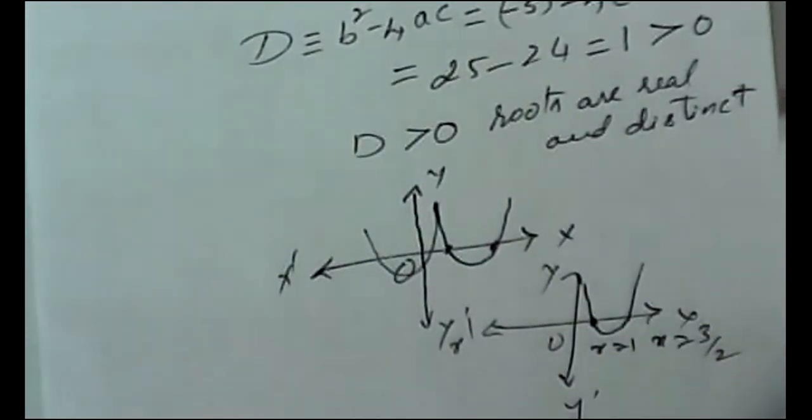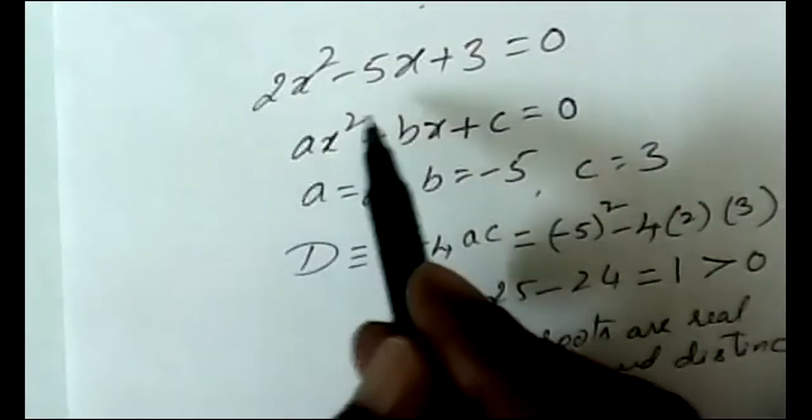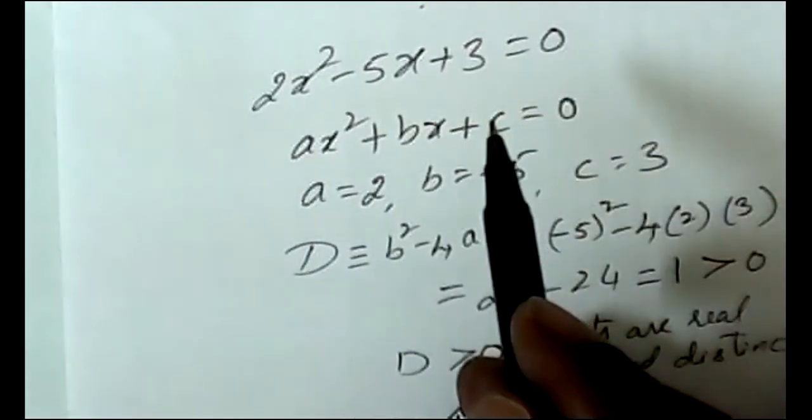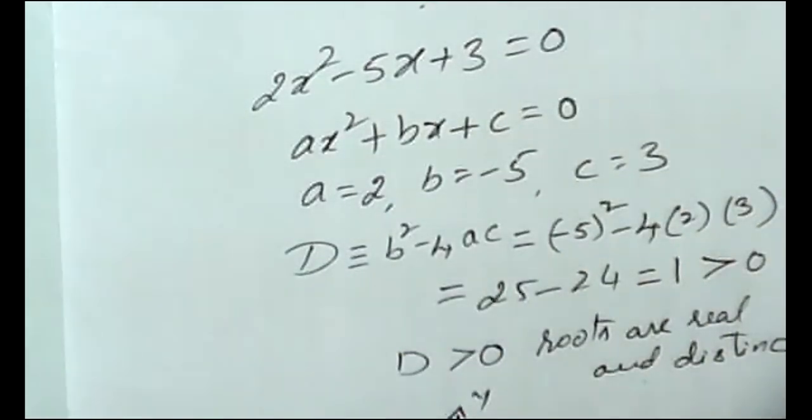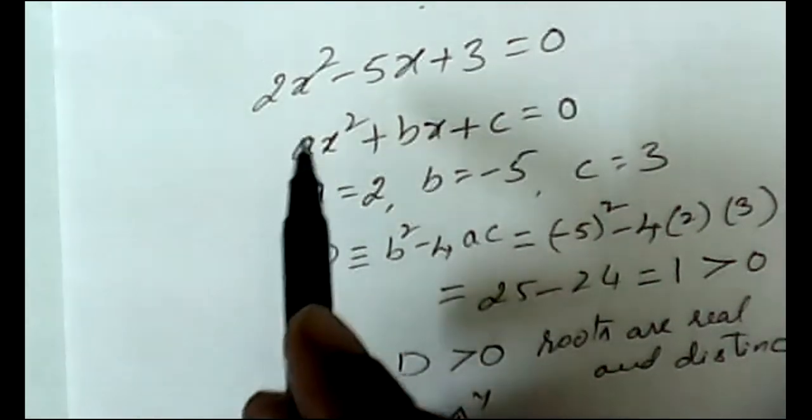How will you get the question? You will be given the quadratic equation 2x square minus 5x plus 3, and you will be given different graphs, and you are asked to identify which graph will be represented for this equation.